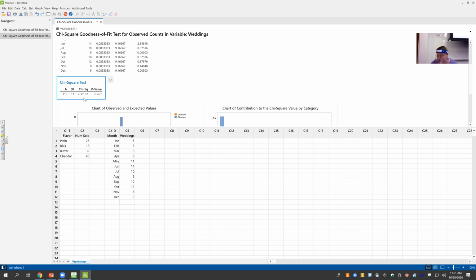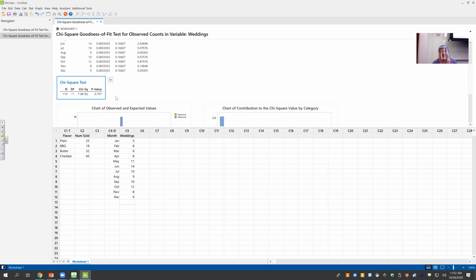So my chi-square goodness of fit value is 7.38182. My p-value is 0.767.